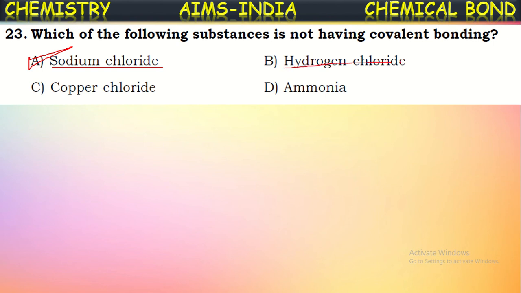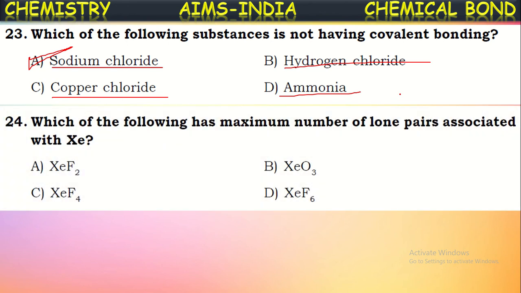If we see hydrogen chloride, copper chloride, ammonia, in these all, bonds are formed because of the sharing of electrons between them. So they are covalent bonds except sodium chloride, which has an ionic bond. Next one, which of the following has maximum number of lone pairs associated with xenon? So where more lone pairs of electrons are present on the central atom xenon?